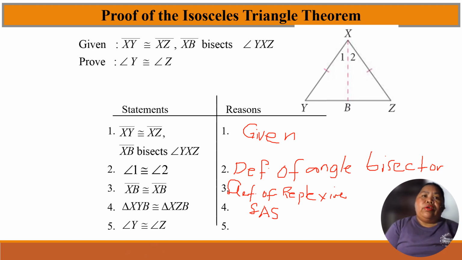Then, therefore, we could say that angle Y is congruent to angle Z through CPCTC, corresponding parts of congruent triangles are congruent.